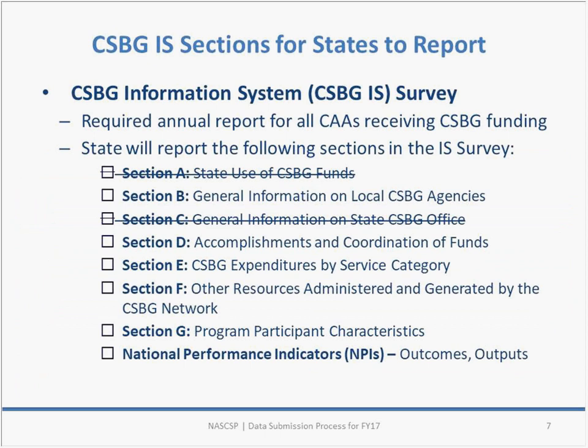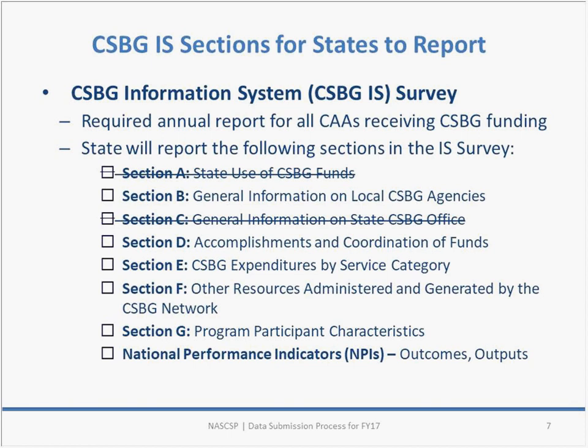Just last year, we had some changes because we are beginning to roll out the annual report. Module 1 started last year with the first submission of that module. Modules 2 through 4 will begin data collection for FY18 and won't be reported until March of 2019.